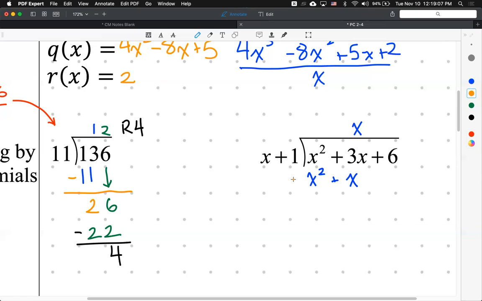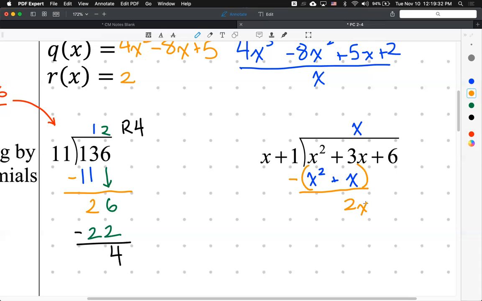So we're subtracting everything. So we're subtracting this entire polynomial, and you get 2x. If you haven't canceled out your first term, you've done something wrong. This first term should always be eliminated because it should always match.